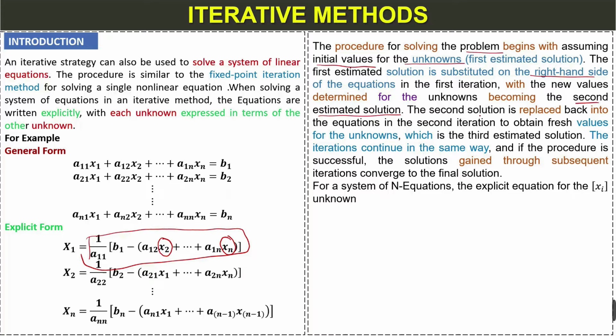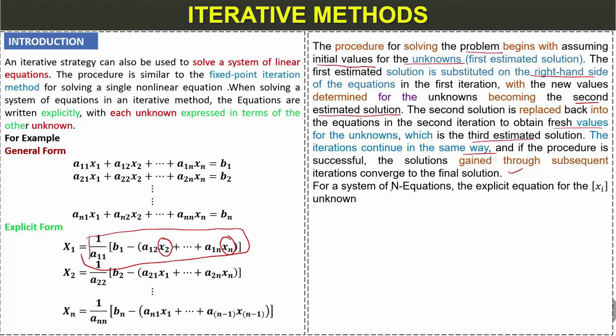The second solution is then substituted back into the equations in the second iteration to obtain fresh values for the unknowns, which is the third estimated solution. The iteration continues in the same way, and if the procedure is successful, the solutions gained through subsequent iterations converge to the final solution. We continue this process until we get our required result.